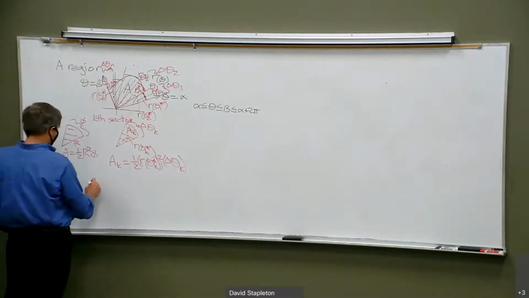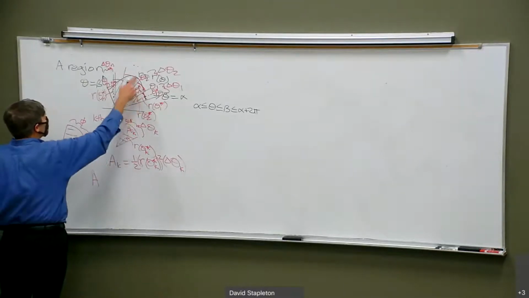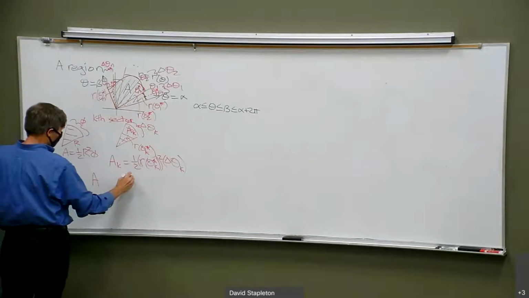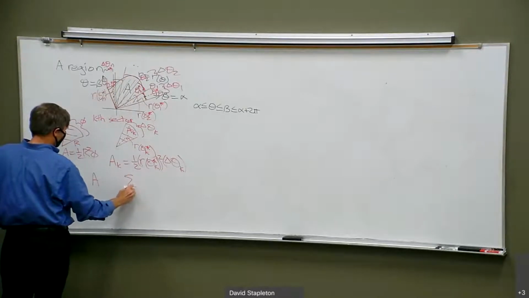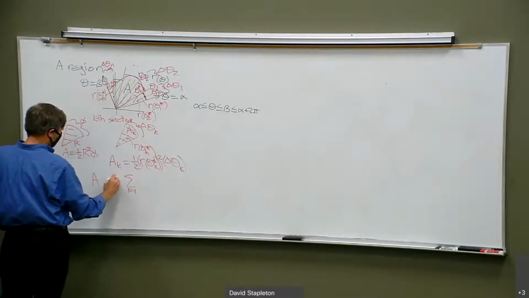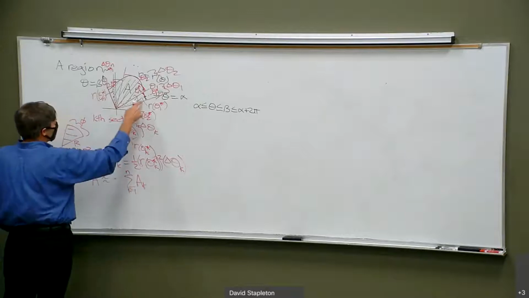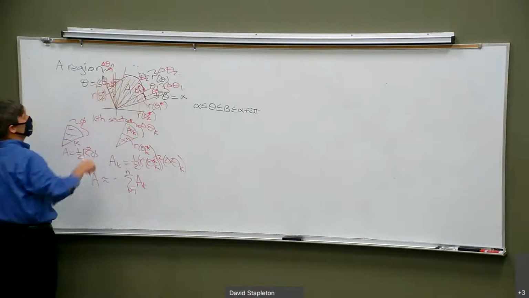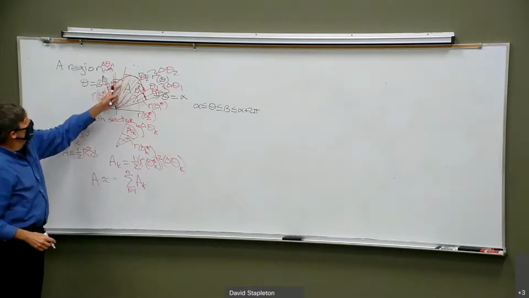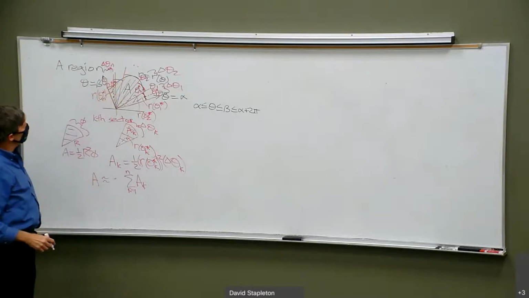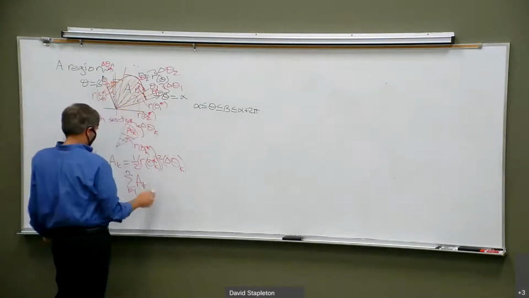Now we'll say that the area enclosed here is approximately the sum, k equals 1 to n, of A k. I'll write approximately for now, but I'm going to change this. We took all these sectors of circles and used them to estimate slices of pie that add up their areas to estimate the area inside this curve.